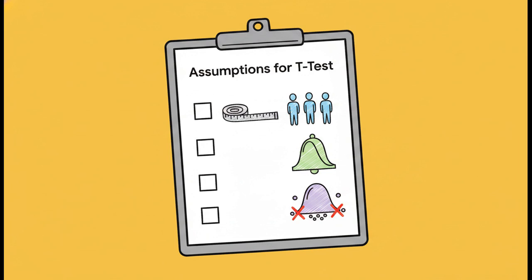Second, all your data points have to be independent. Basically, one guy's height doesn't influence another guy's height. Makes sense. And last, the data should look kind of like a bell curve, what we call normally distributed, with no really extreme, wacky values or outliers messing everything up. And for our case file today, we're all good. All these conditions are met.